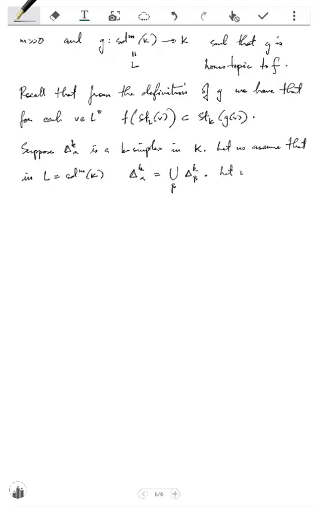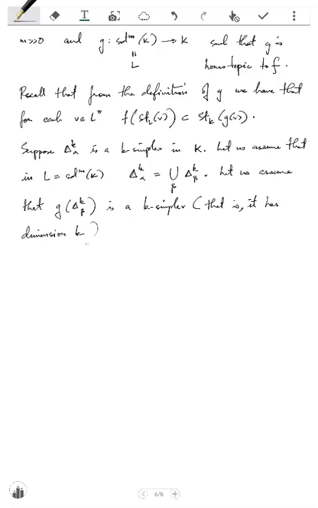So let us assume that G of delta K beta is a K simplex. That is, it has dimension K. Or equivalently, G takes all the vertices to different vertices.